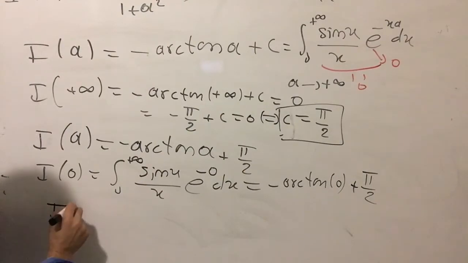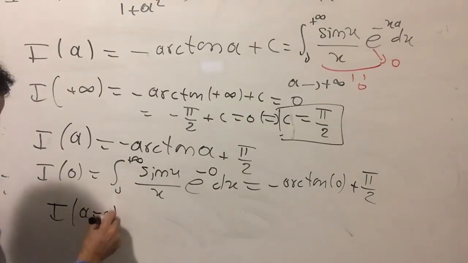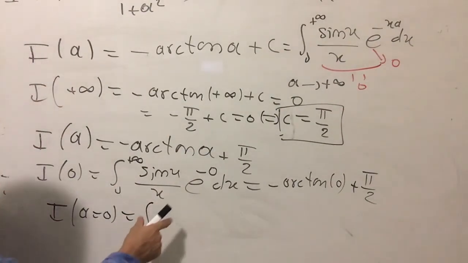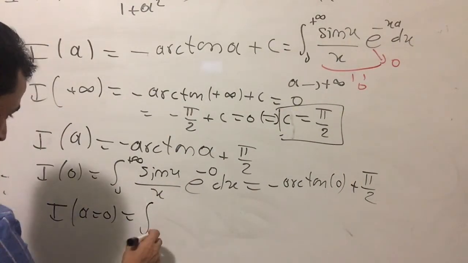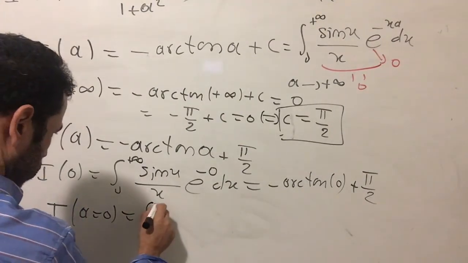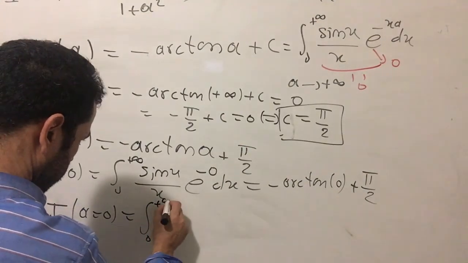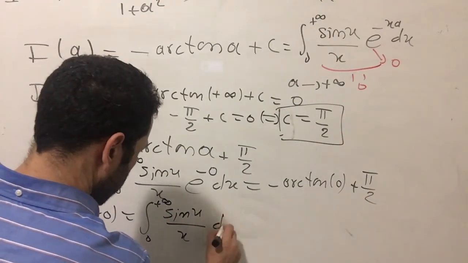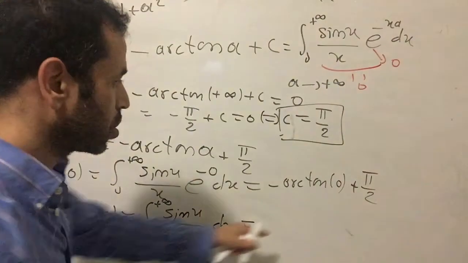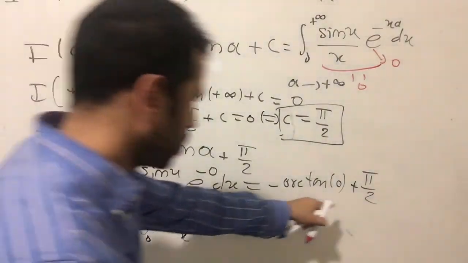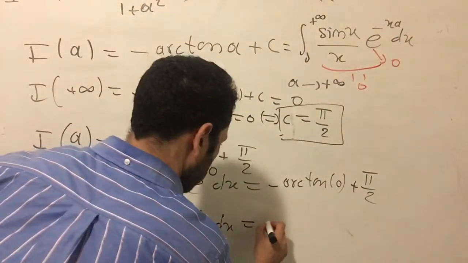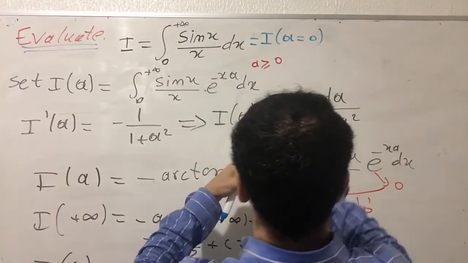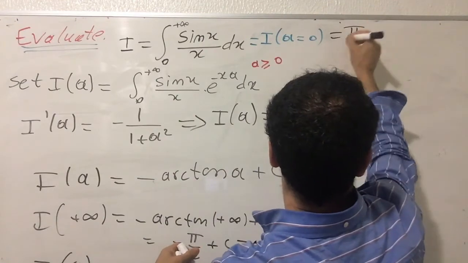That is the integral I'm looking for, which is required to be calculated from 0 to plus infinity of sine x over x dx. Arctangent 0 is 0, so plus pi over 2 equals pi over 2. Okay, my integral equals pi over 2.